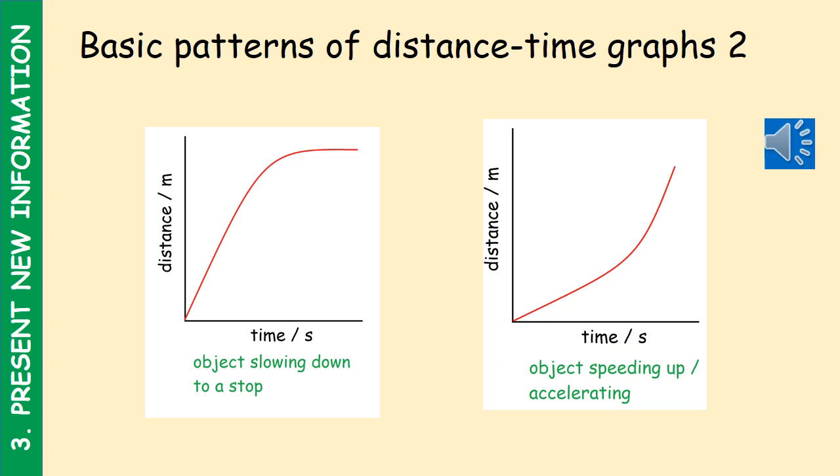To the right we have one where the gradient is a certain amount and then the gradient gets steeper. That implies that the speed is getting greater, and therefore this object is speeding up or accelerating. So both of those show non-uniform speed. The speed is changing as the time is going by.